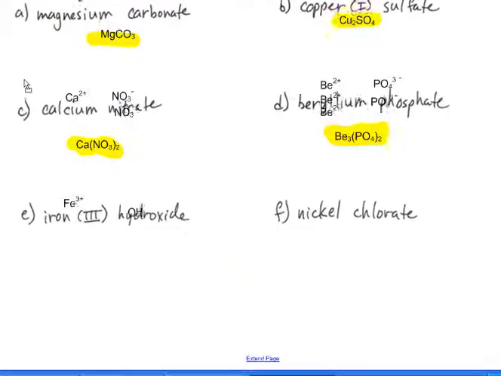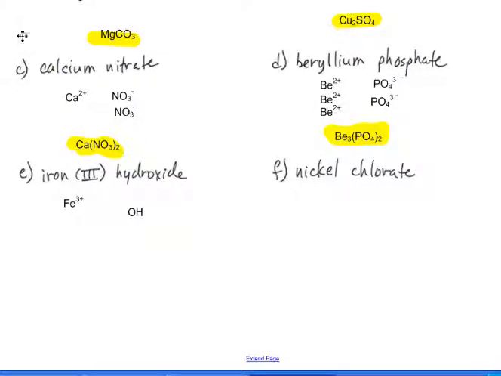So OH minus. So you can see this doesn't work. 3 positives, 1 negative. That doesn't balance out. So we're short of hydroxides. We're going to have a total of 3 negatives here.